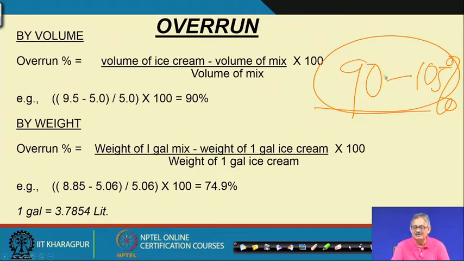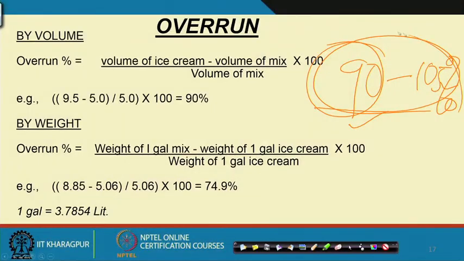If it is less than 90, then that will be a loss to the manufacturer. If it is more than 105, that will again deprive the consumer. So, neither is the consumer deprived nor is the manufacturer getting a loss.